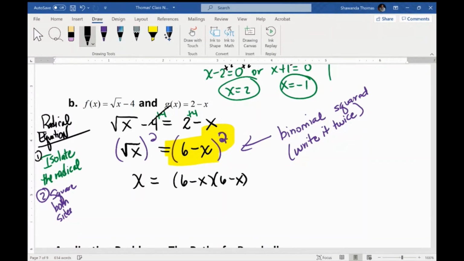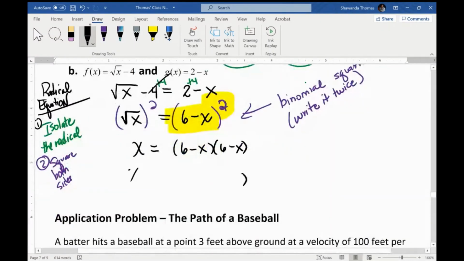All right. Then what happens on the right side? What do we need to do? Multiply. You just need to simply multiply, right?